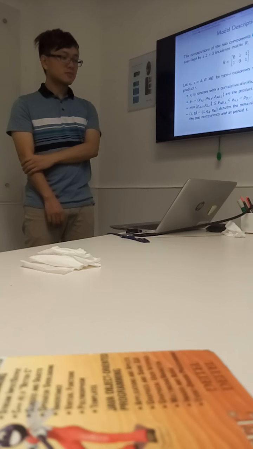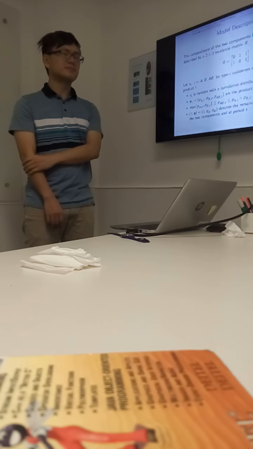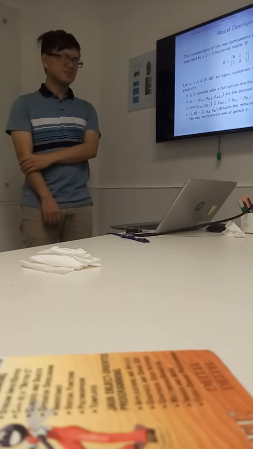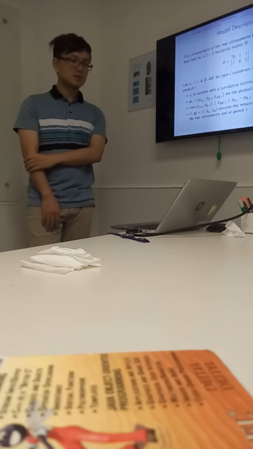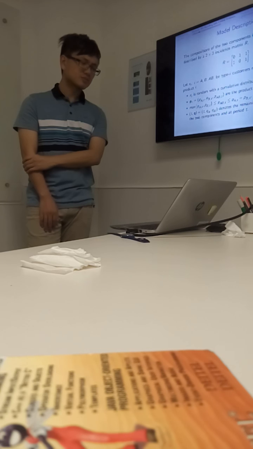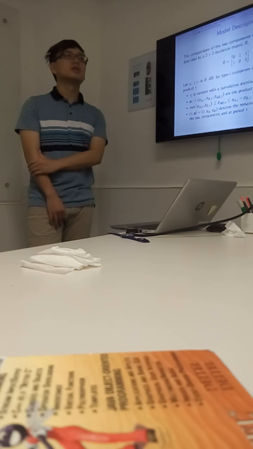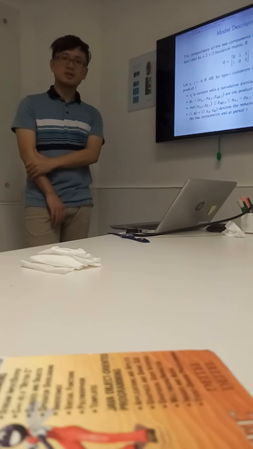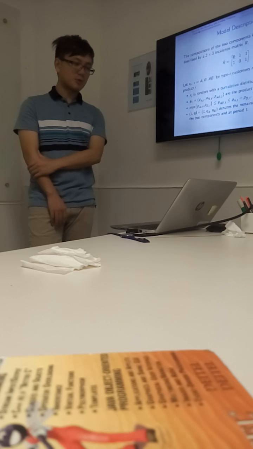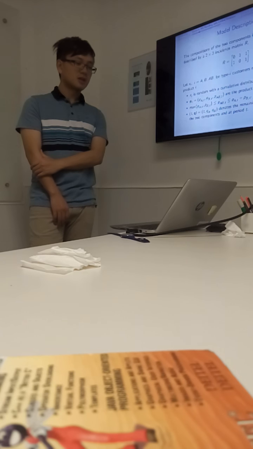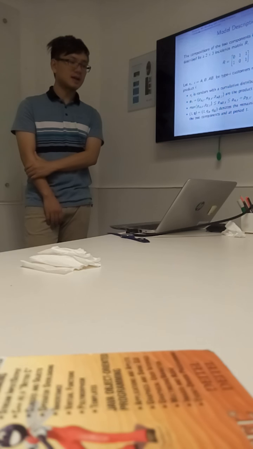Here we define R as the incidence matrix, which is the consumption of the resource, which can be seen as the consumption of the product, and we use Xi to denote the type i customer's reservation price for product i.